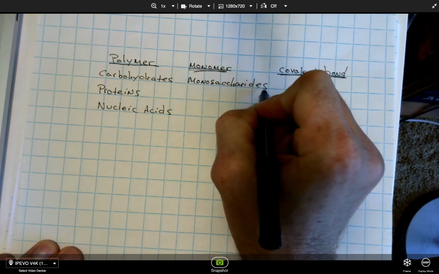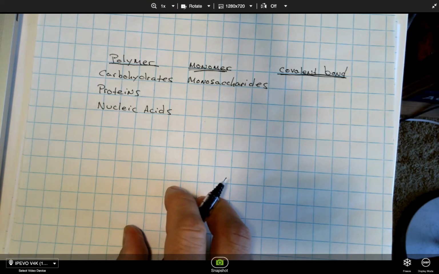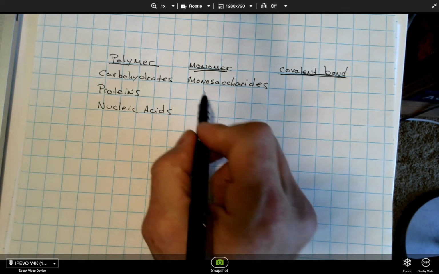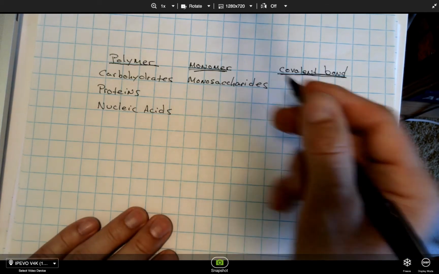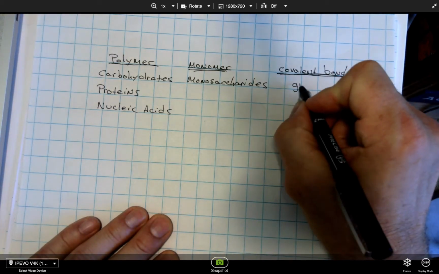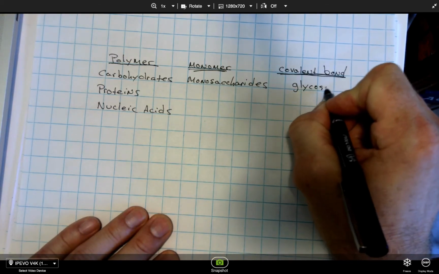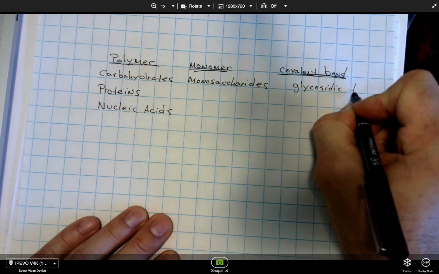And the covalent bond that connects a monosaccharide to a growing carbohydrate chain or polysaccharide chain is a glycosidic bond.